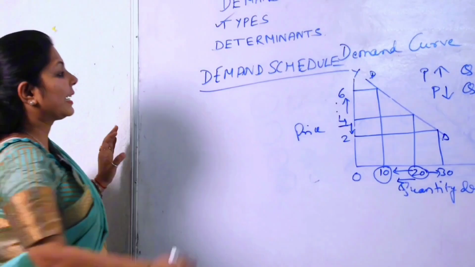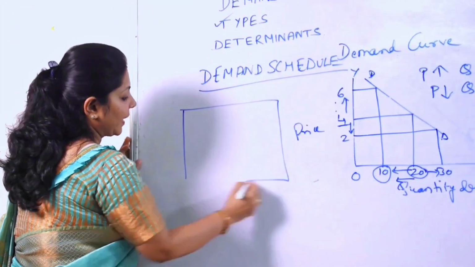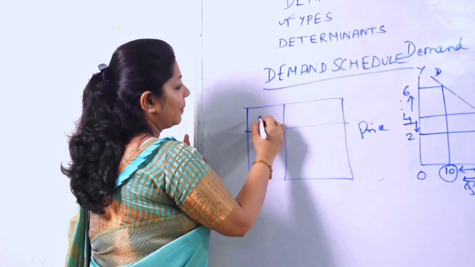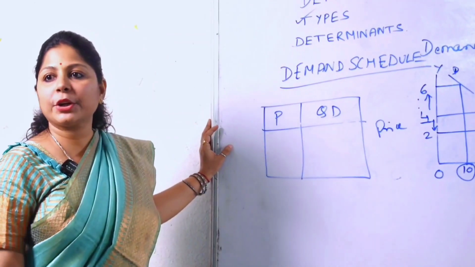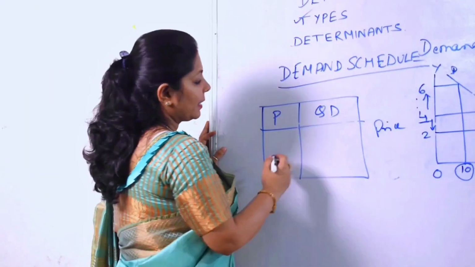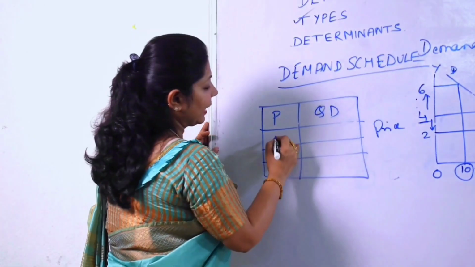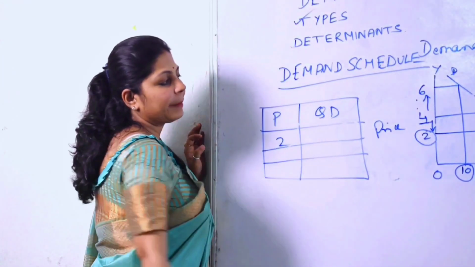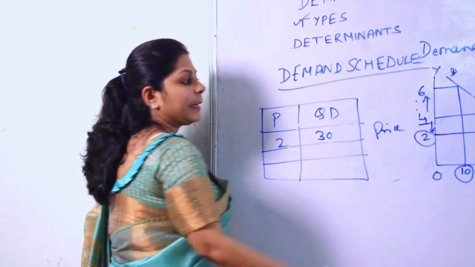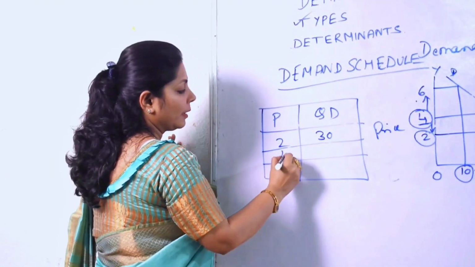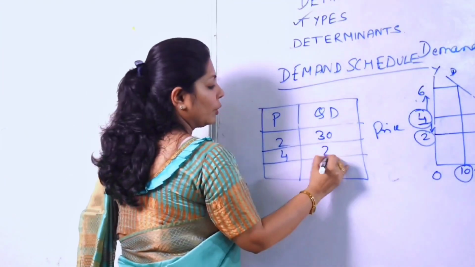Demand schedule is a tabular representation of the price of the commodity and its quantity demanded at a given period of time. That is, say if the price of the commodity is 2, quantity demanded is 30. When the price of the commodity is 4, quantity demanded is 20.